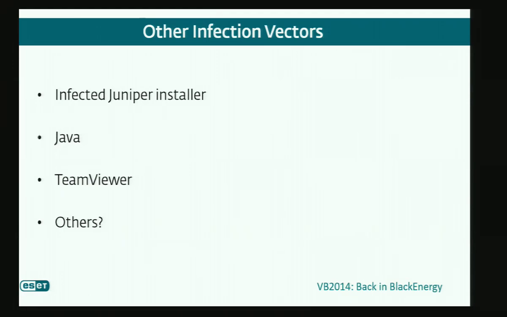So there was probably some Java exploitation going on, but we were unable to identify the specific vulnerability that was targeted. And also TeamViewer: perhaps they used a plugin, such as the TeamViewer plugin that I mentioned, or they got the TeamViewer credentials some other way. And I'm pretty sure there were other infection vectors that we were unable to identify.